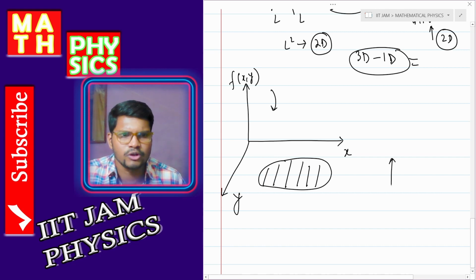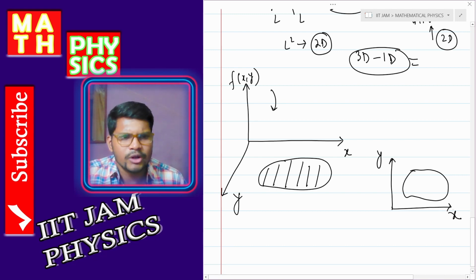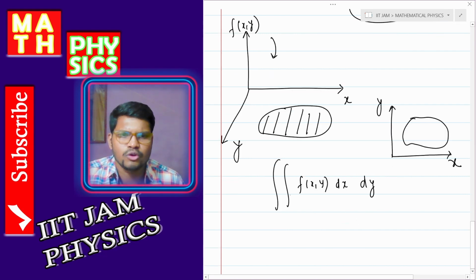So you have this x and you have y, and you are drawing some surface over here, and you are looking from above, along z. So now you can see that with x, y, and let us say dx and dy, there are two ways to find this integral.